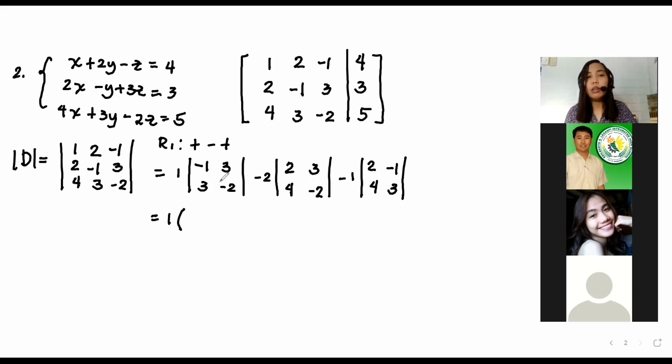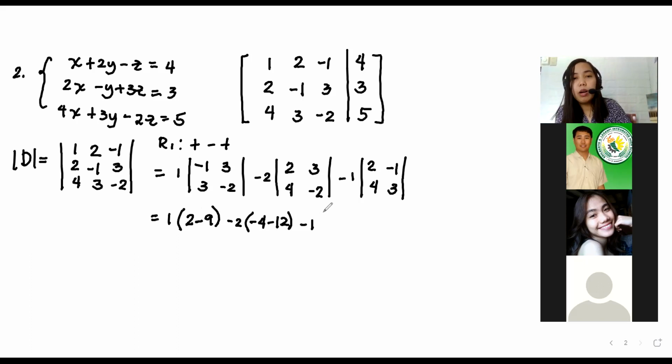So, this is -1 times -2. It's 2 minus 9. Minus 2. 2 times -2, it's -4 minus 12. Minus 1. 2 times 3, it's 6. This is -4 times negative, positive. To simplify, 2 minus 9, it's -7 times 1, -7.